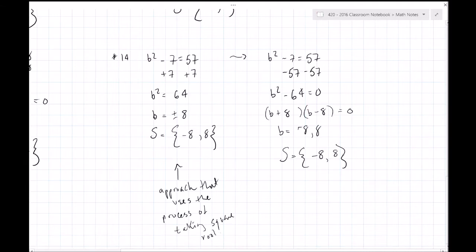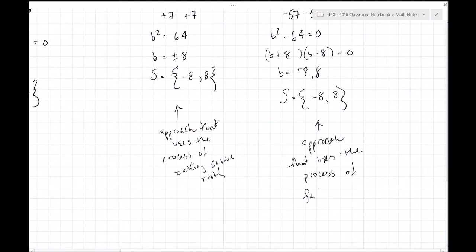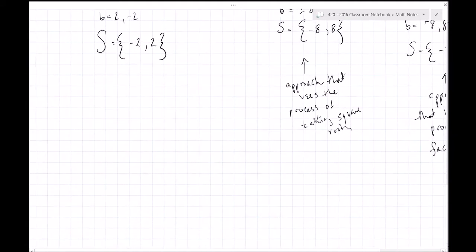And over here we have an approach that uses the process of factoring. It doesn't really matter. It's exactly the same, whichever makes better sense to you. We're going to continue to problem 16.